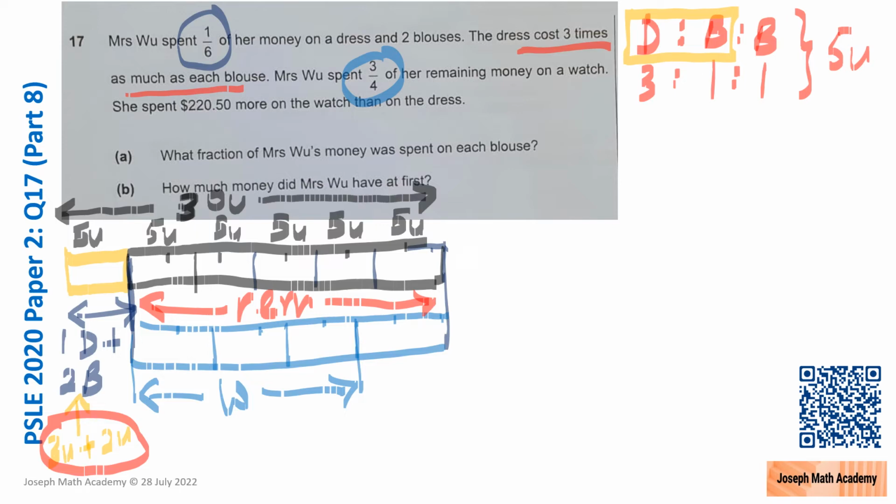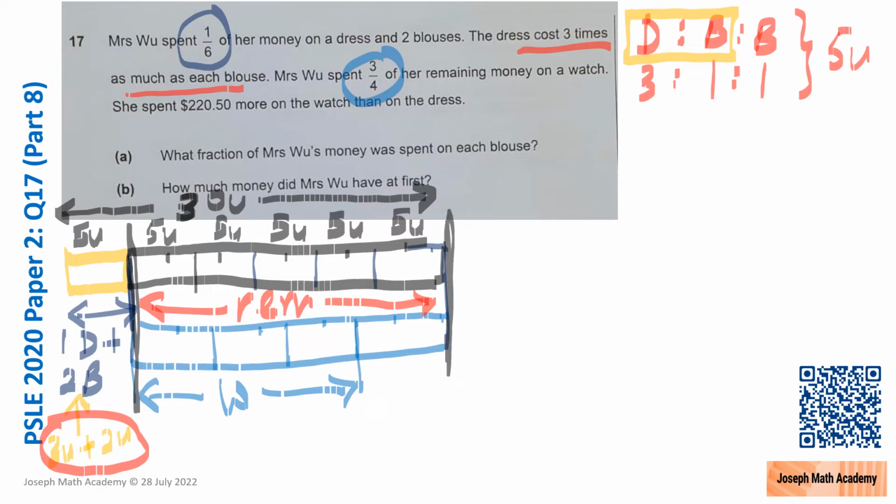That means Mrs. Wu had 30 units of money at first. Now back to the remainder model, this part to this part.